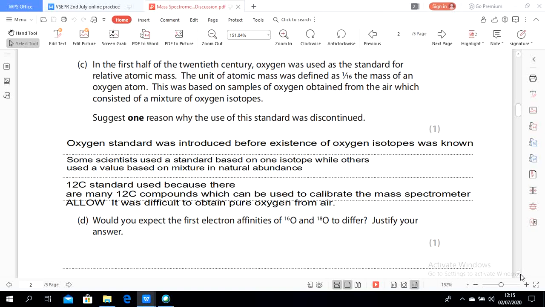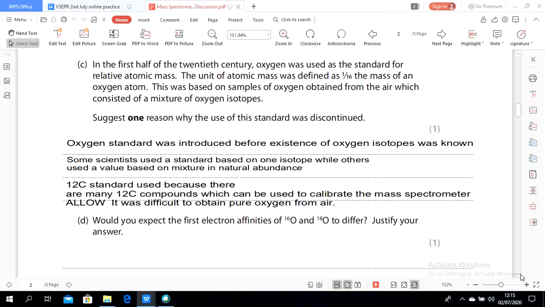The oxygen standard was introduced before the existence of oxygen isotopes. So oxygen was used because no isotopes had been found yet. And then some scientists used the standard based on one isotope, while others used a value based on the mixture in natural abundances.